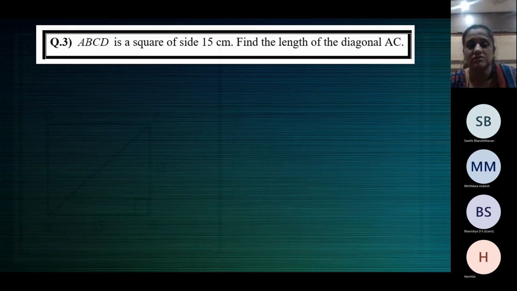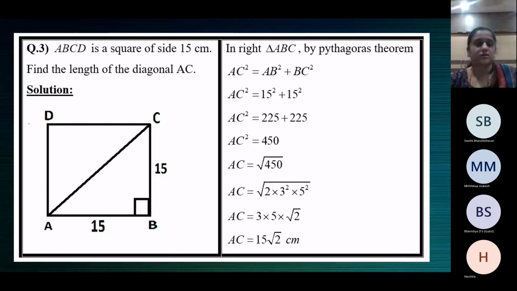Okay. Let's see the answer. So draw a rough diagram. ABCD is a square. So be careful when you mark it, okay?